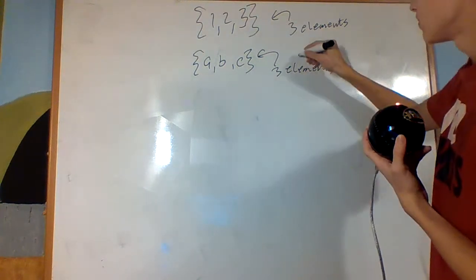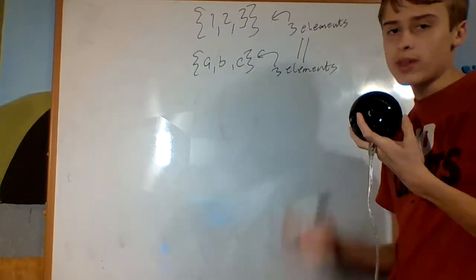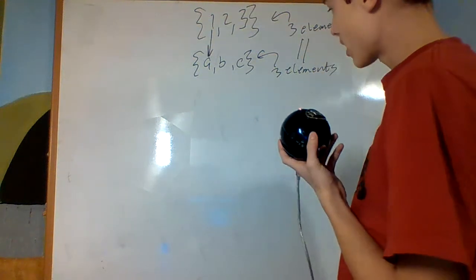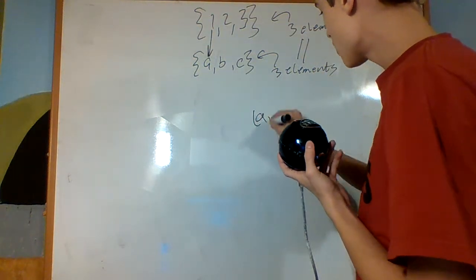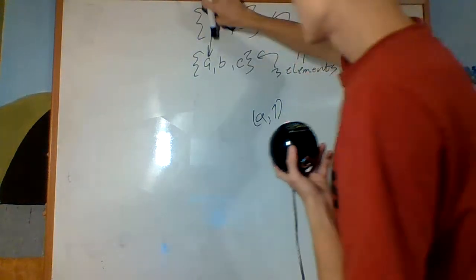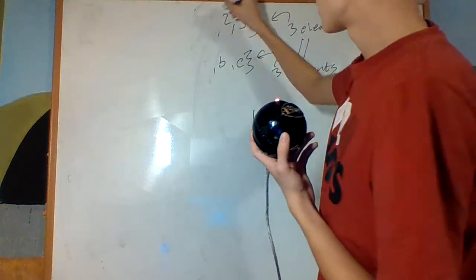How do I know that they have the same size? Well, what you can do is pair each one up. 1, I'm going to put over there. So A is paired up with 1. Now I can't use A or 1 again.